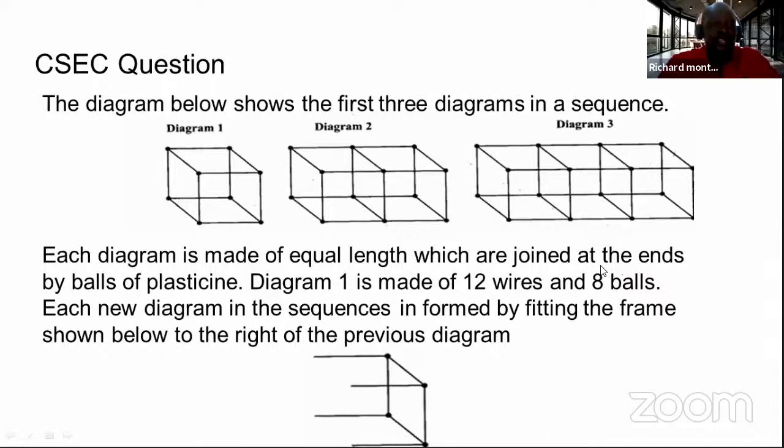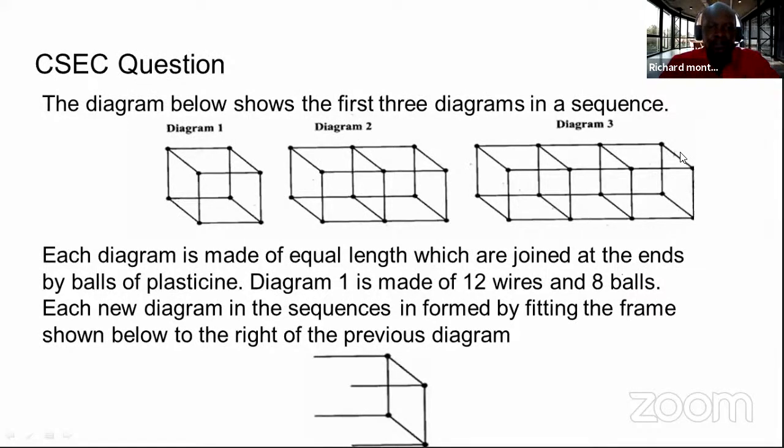Let's look at another CSEC question here. My detectives, let's look at it. A minute to read, and then we start discussing. All right, the diagram below shows the first 3 diagrams in a sequence.